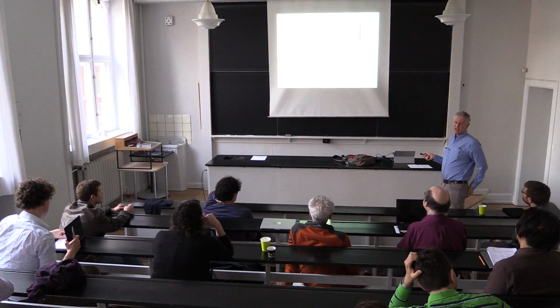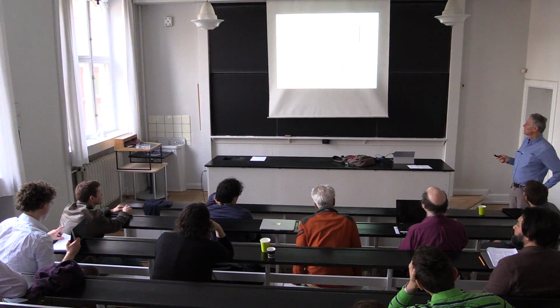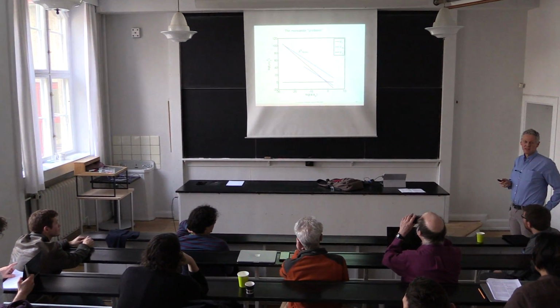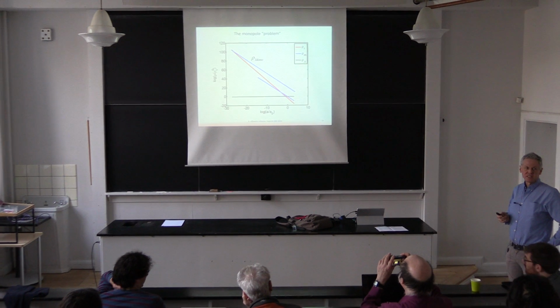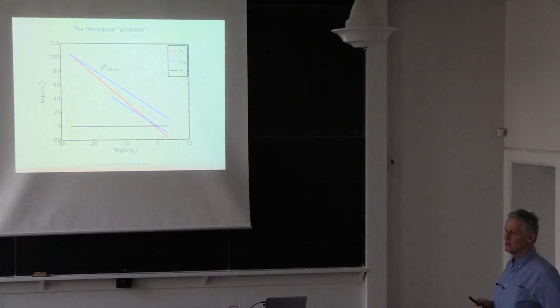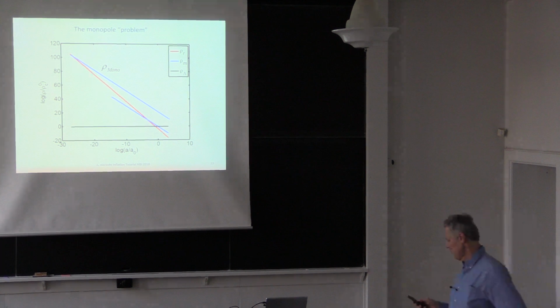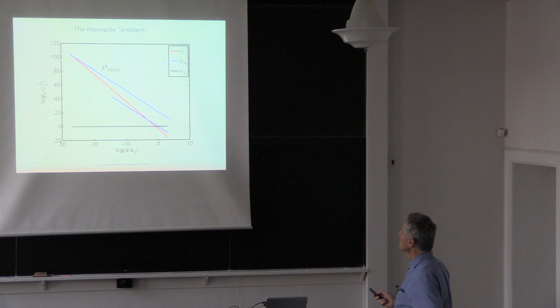So, monopoles. Actually, I would say the monopole problem really is the most real thing. It's the thing inflation does for you that's least subject to all these arguments about priors and what it means to explain something. It could be monopoles, it could be anything.